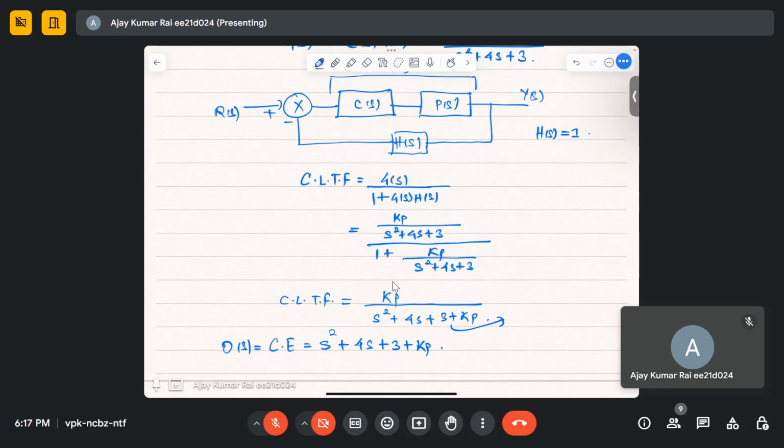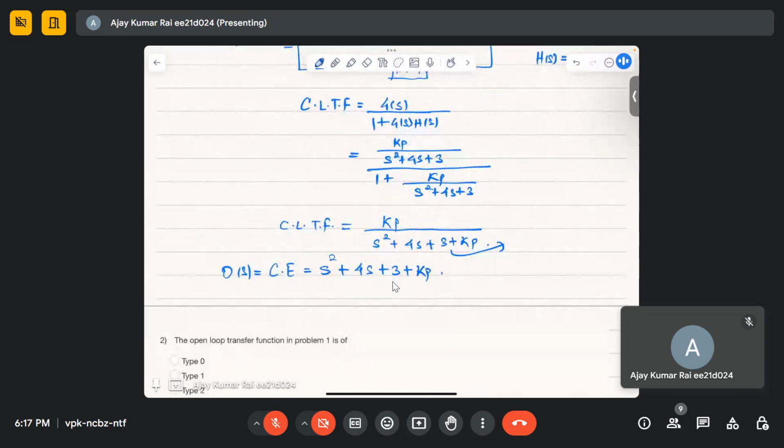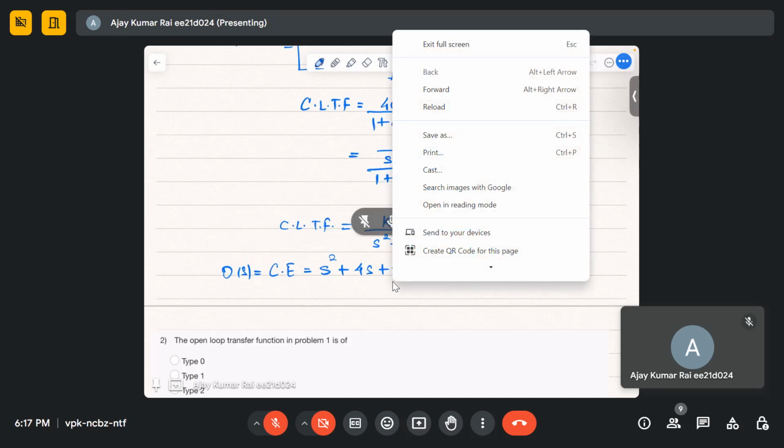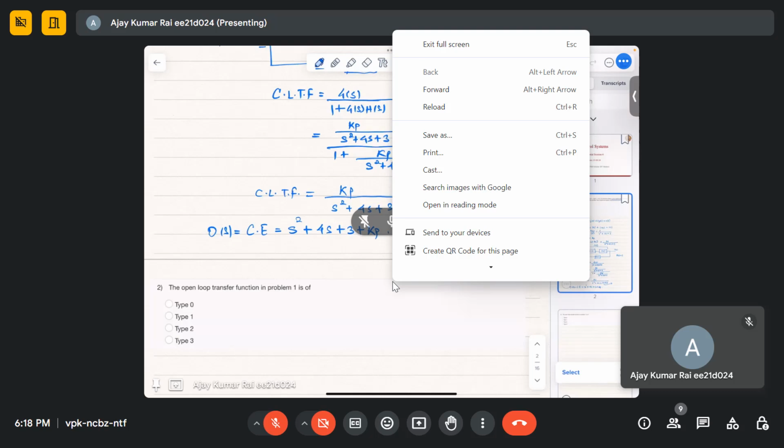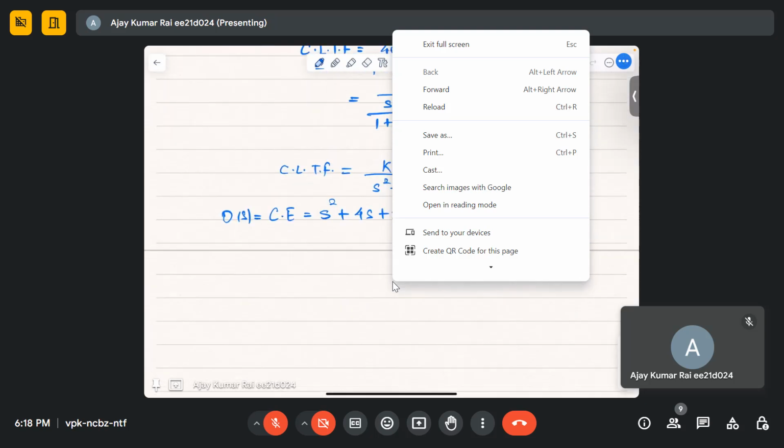We studied in the Routh-Hurwitz criterion that for a second degree quadratic equation, the necessary and sufficient condition is that the coefficients should be non-zero and of the same sign.